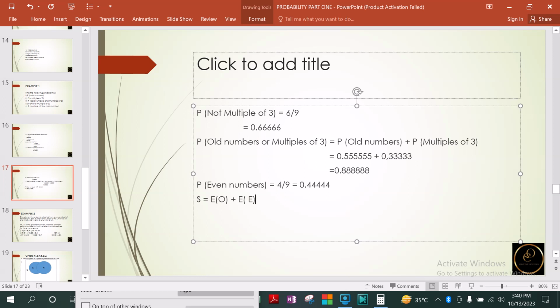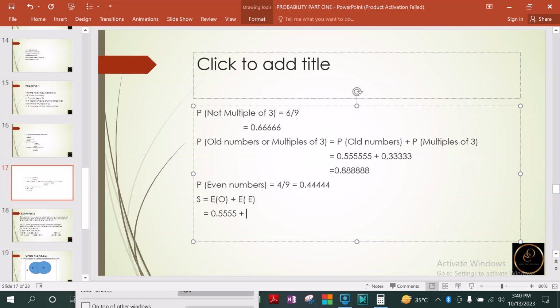So now that is what is in the set. If you combine them, there we find odd numbers and even numbers. Now, what is the probability of odd numbers? We have found it is 0.555. And what is the probability of even numbers?